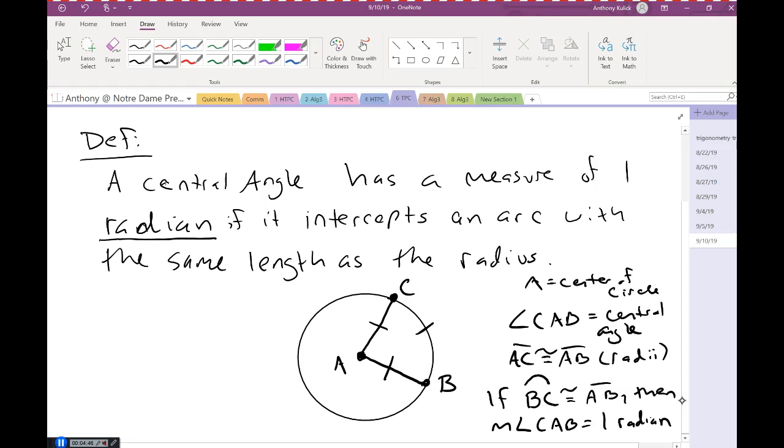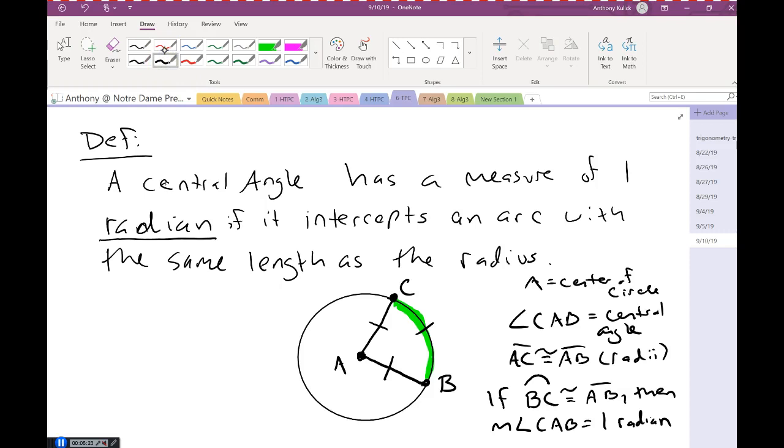Now this probably sounds unfamiliar because what are we most used to measuring angles in? Degrees. Is a radian the same as a degree? No, what we're doing when we're describing an angle measure in radians is we're describing basically the length of that arc of the circle that the angle would be embedded inside of.